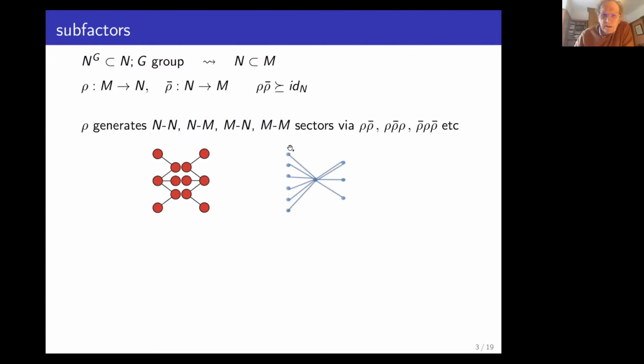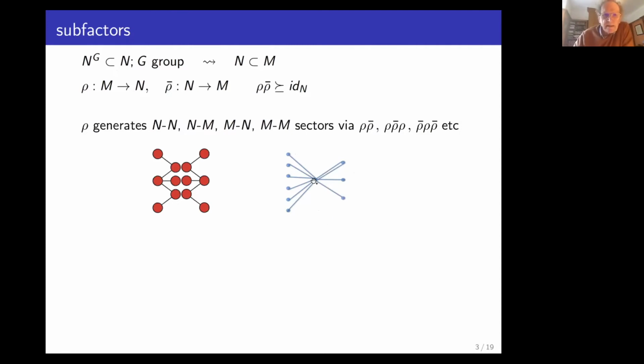This is the kind of graph that you'd get in the simplest case, if the group is the symmetric group on 3 elements. So there are 6 objects here from the group elements and 3 from the dual irreducibles. In this case, this is the MM system, and this is the NN system.